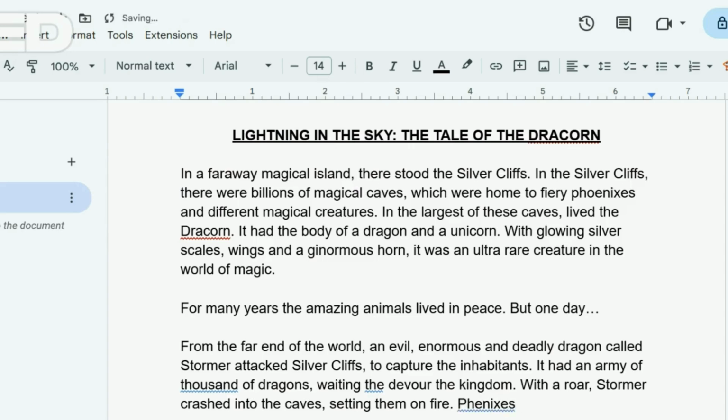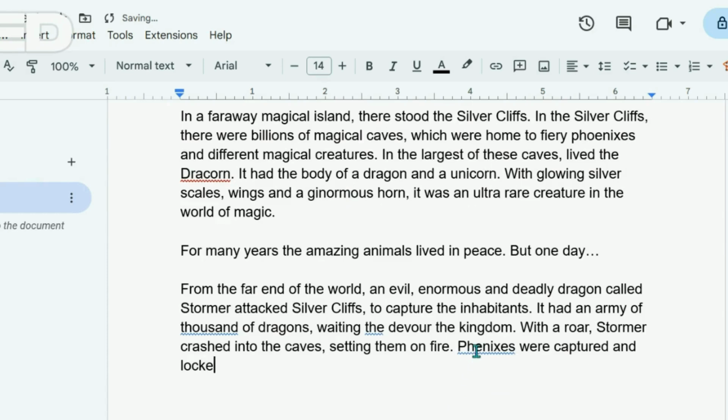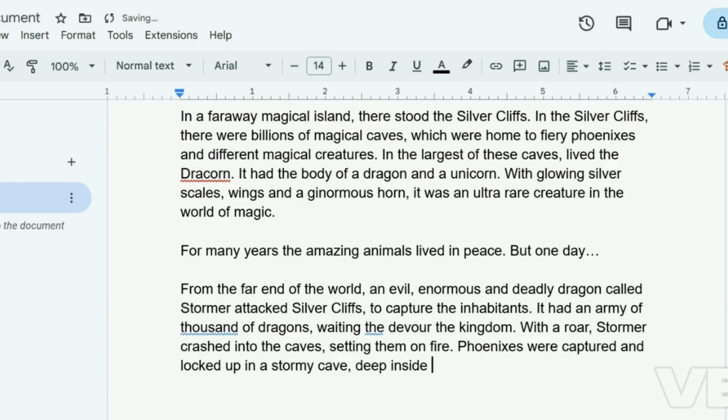Phoenixes were captured and locked up in a stormy cave. Oh my bad, I should go here. Deep inside. Deep inside what? Deep inside the mountains. That gives a very scary twist to the story.